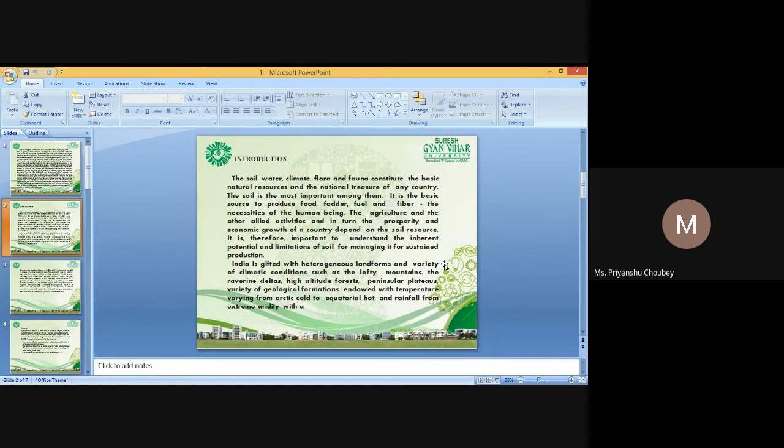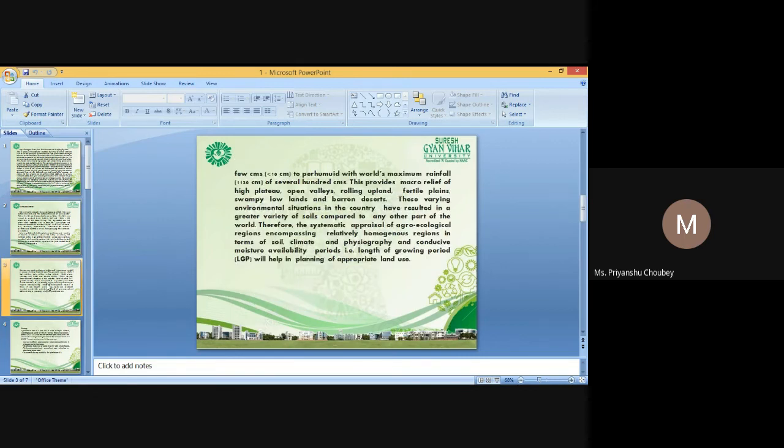India is gifted with heterogeneous landforms and varied climate conditions, such as lofty mountains, ravines and deltas, high altitude forests and peninsulas, and a variety of geological formations, with temperature varying from Arctic cold to equatorial hot, and rainfall from extreme aridity with less than 10 centimeters to perhumid with a maximum rainfall of several hundred centimeters.